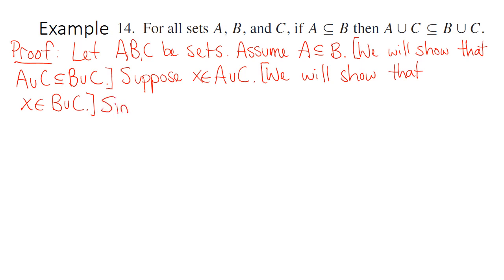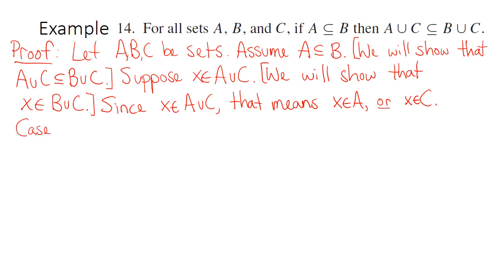Since X is in A union C, that means X is either an element of A or X is an element of C. Now let's break into cases because we have this OR part here. My cases are going to come from the OR. So case 1, X is in A.